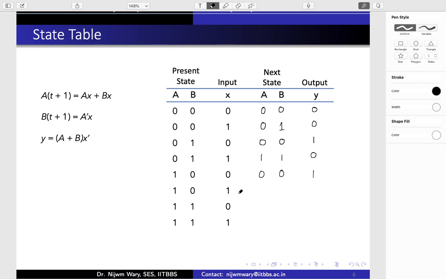And I'll quickly write down all the remaining ones. You can just try to do the analysis yourself.